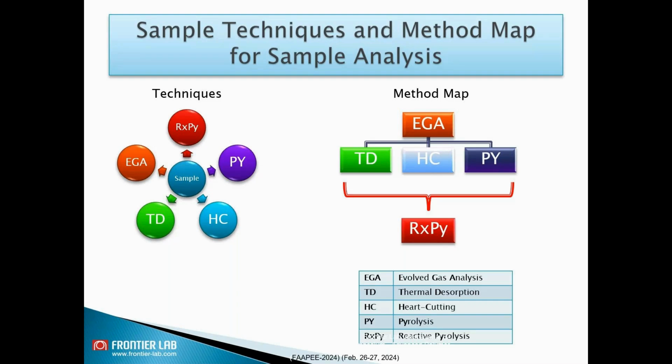By this slide, I would like to explain one thing: whatever the sample might be, we always suggest you go for EGA first. It helps us to address the sample in a better way, and also to deal with the sample in terms of the temperature zones. It cuts down the hassle of analyzing the entire sample, and it gives us a better focus in viewing the sample with a particular interest in our product.